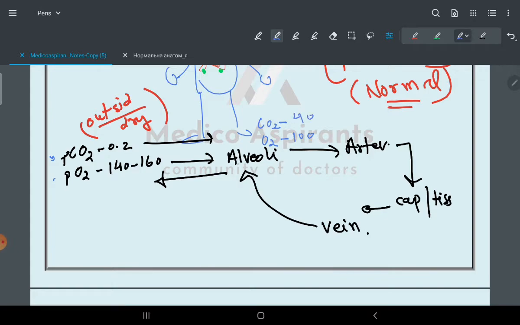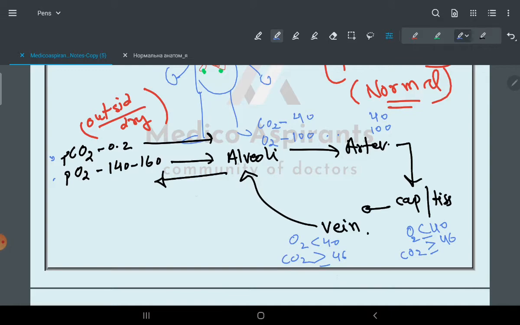In artery, similarly, there will be only a minute difference, so it will be 40 and 100 only. In capillary, there is more metabolic excretion, that's why oxygen will be less than 40 and CO2 will be more than 45 or 46. In vein, similarly, oxygen will be less than 40 and CO2 will be equal or more than 46 mmHg.